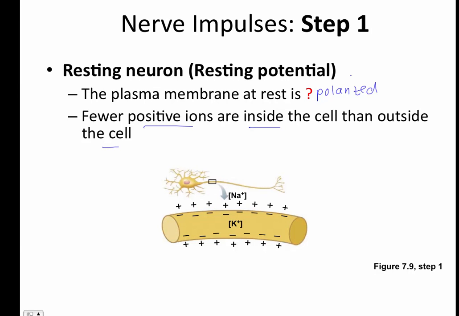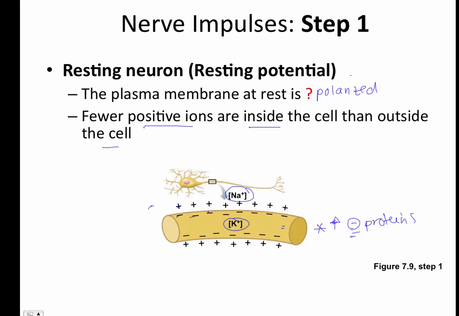Once again, we have a high amount of sodium outside of the cell and a higher amount of potassium inside our cell, giving rise to a negative charge inside and a positive charge outside. We also have high amounts of negatively charged proteins. Proteins in themselves are actually negatively charged. This is why our membrane is also negatively charged inside.